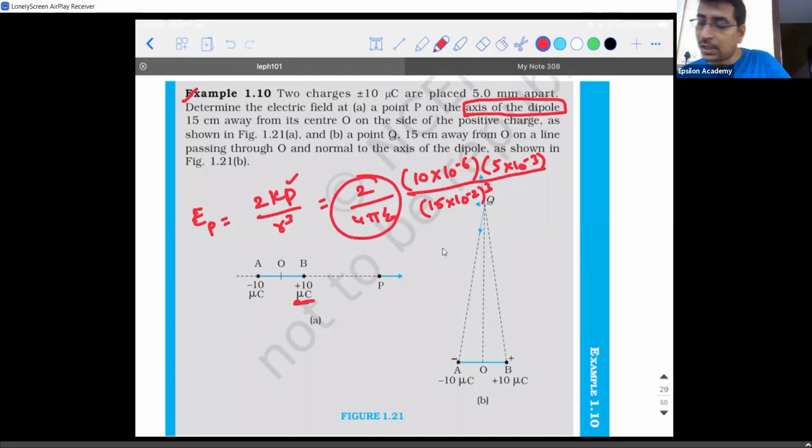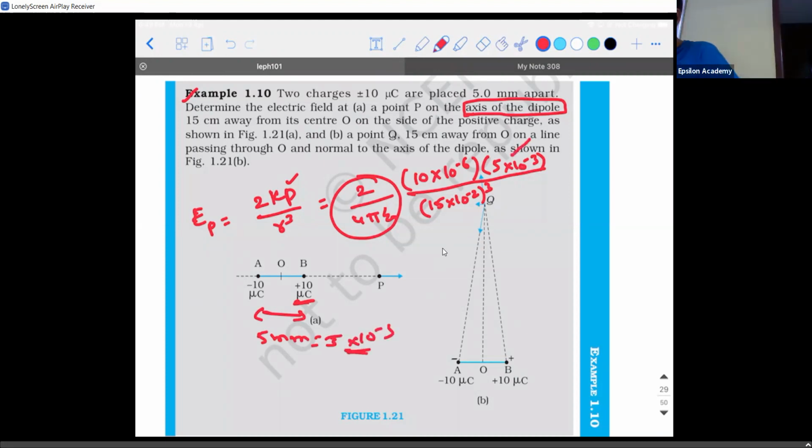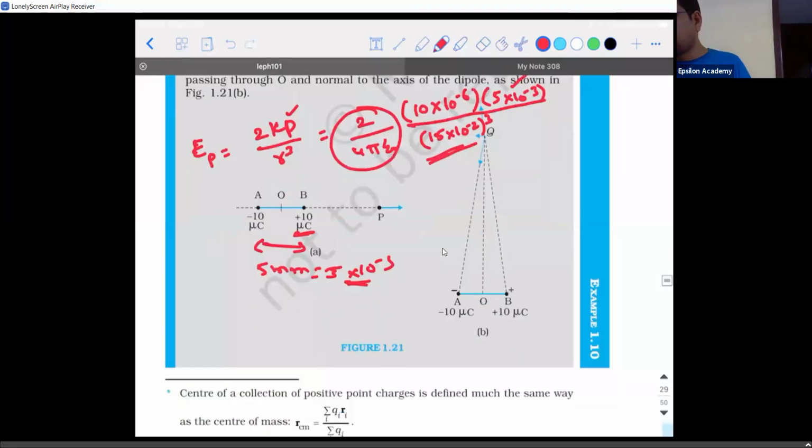Q is how much? 10 microcoulomb. So 10 into 10 power minus 6 coulomb into the distance of separation between these two charges, which is how much? 5 millimeter. That is 5 into 10 power minus 3. That is why I wrote 5 into 10 power minus 3 divided by R cube. R is 15 centimeter. 15 into 10 power minus 2 the whole cube will be the electric field at point P. Now what is going to be the electric field at point Q?